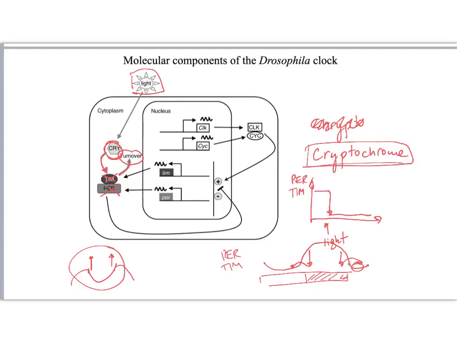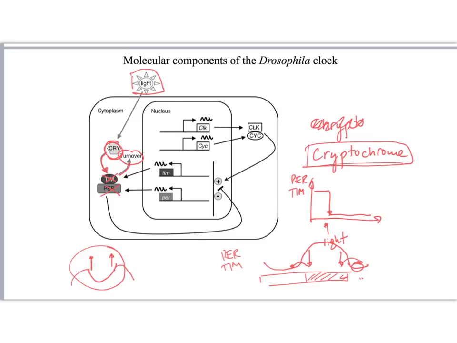You're bringing it up with light, whereas in Drosophila, you're bringing down a protein complex that is high during the night. You're bringing it down in the middle of the night. But the resulting effect on phase resetting or phase shift in the clock is the same.